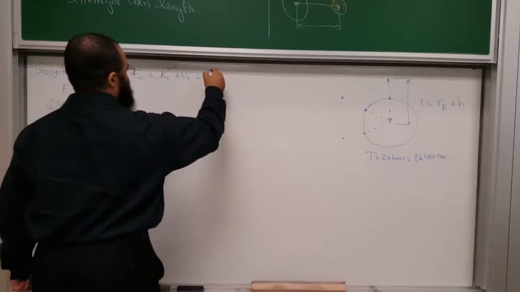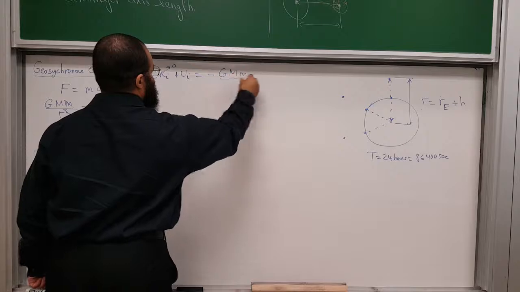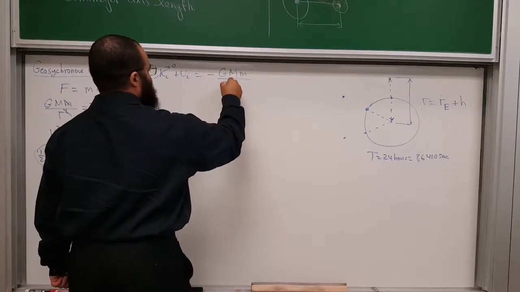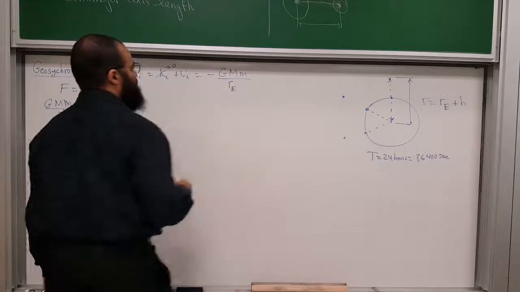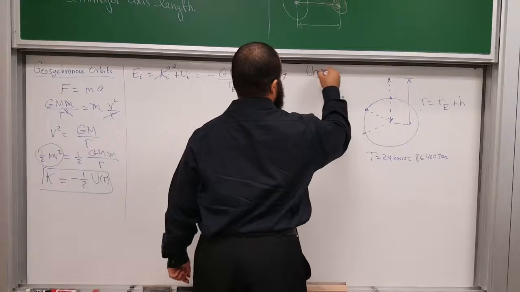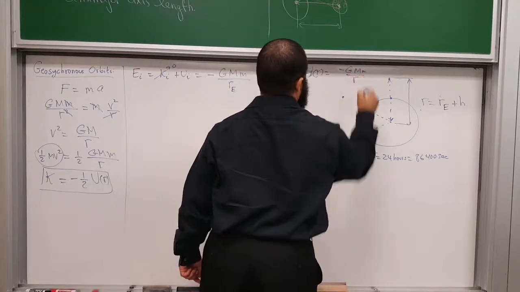It's at the surface of the Earth, so the potential energy is negative G capital M, the mass of the satellite, divided by the radius of our Earth. Remember, potential energy at any radius r is negative G capital M little m divided by r.